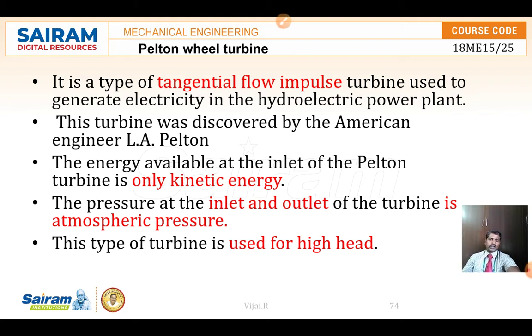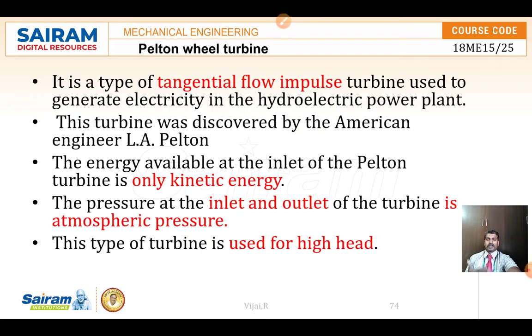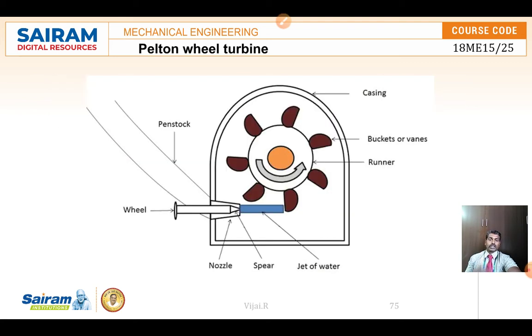When the water flows, it hits the turbine blades, the buckets, tangentially. The pressure at the inlet is atmospheric pressure, and this turbine is used for high head.